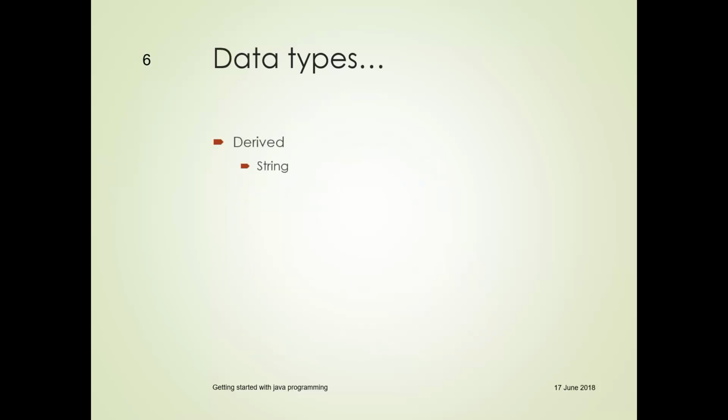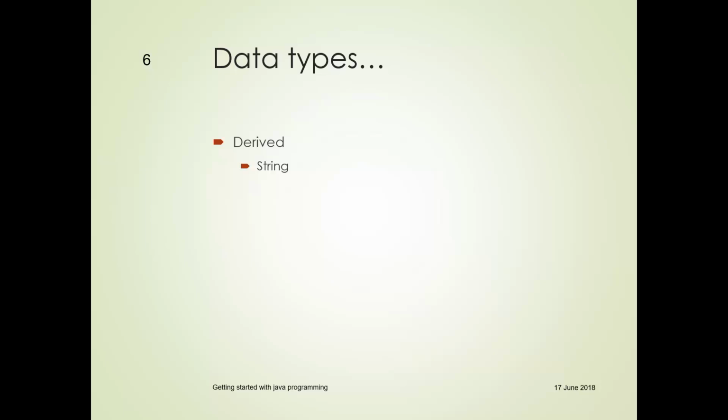The second one we have is called derived data type. Derived data types are actually data types which are built upon those primitive data types. So primitive data types we already have, right? Now using those primitive data types, other data types are derived, and those are used for many purposes. For example, on this screen I'm showing the string data type. Actually in Java, string is a class.